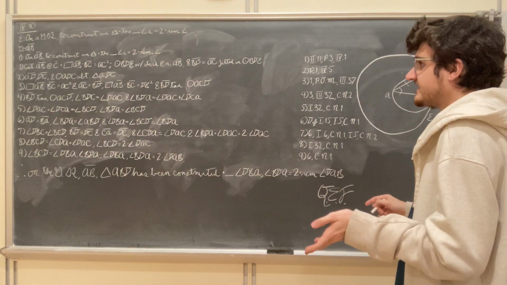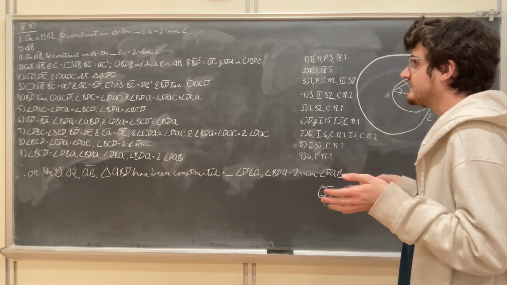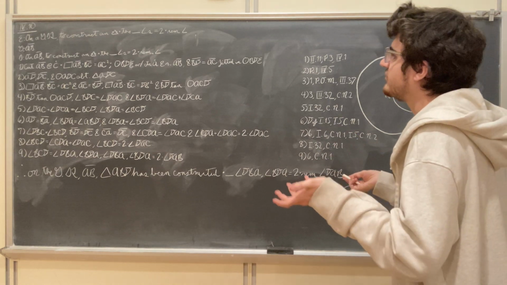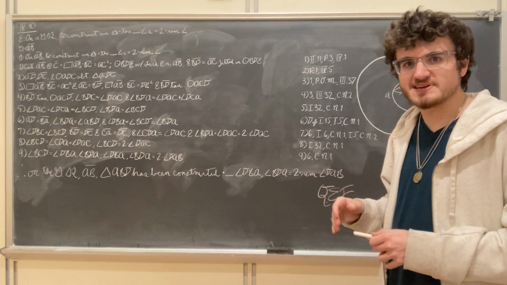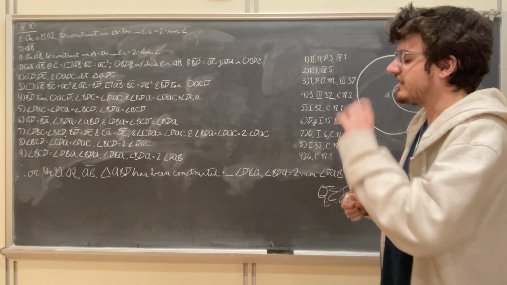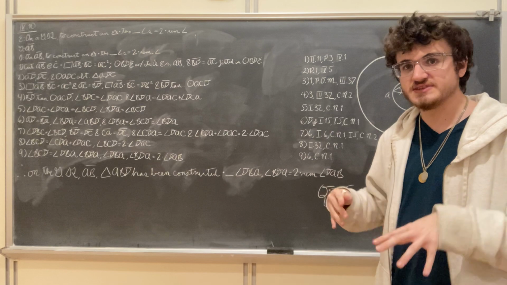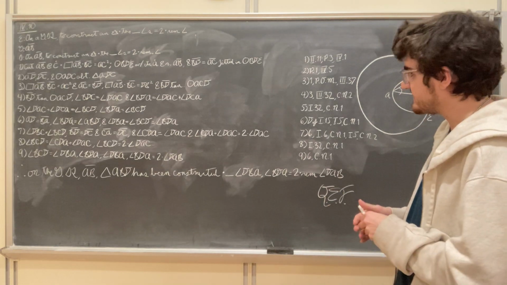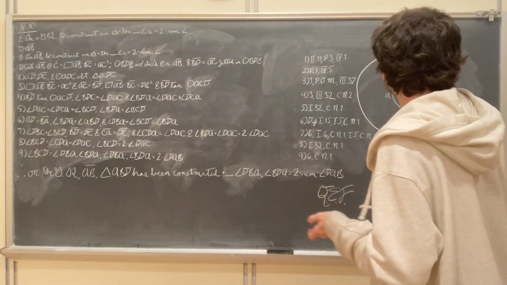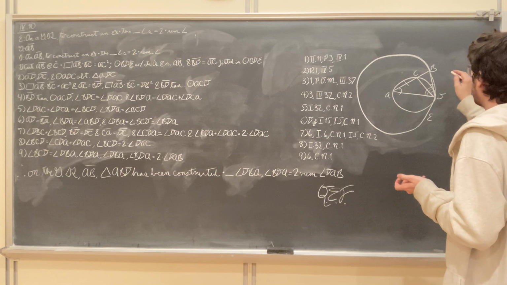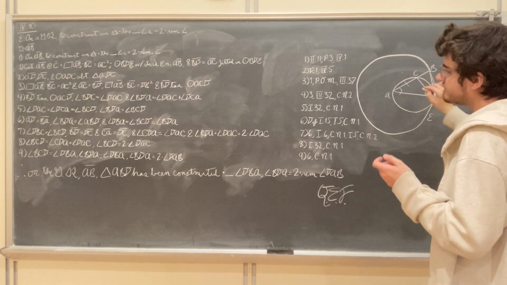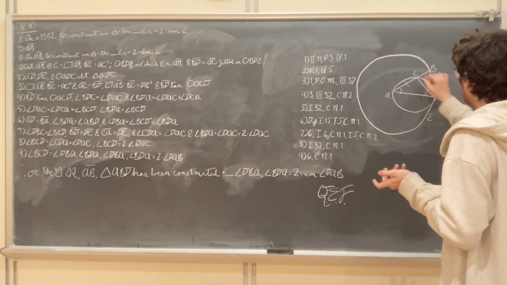Now, the angle DAC plus the angle DCA is also equal to the angle BCD, by proposition 132, which tells us that the exterior angle of a triangle is equal to the sum of the two interior and opposite angles. So in this case, we have the triangle ACD, and we have an exterior angle BCD.